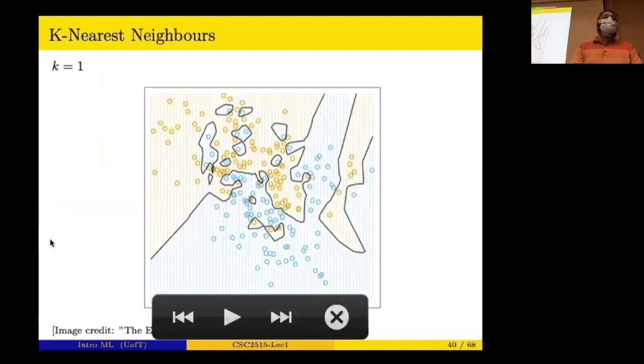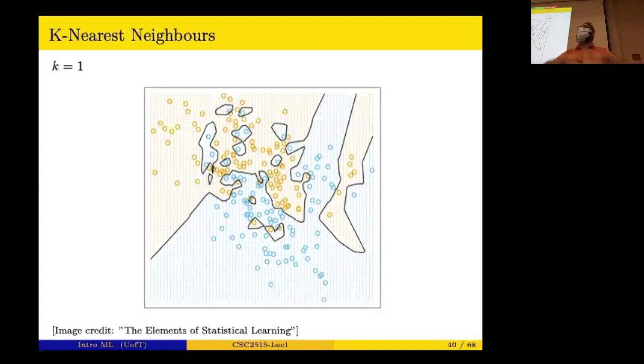Okay, and how does it look? This is another example with yellow, orange, and blue points. The decision surface, or decision boundary, is shown here, and you see it's a very rugged boundary. Say there's one blue data point in the middle of a lot of other oranges. Is it noise or is it actual structure?